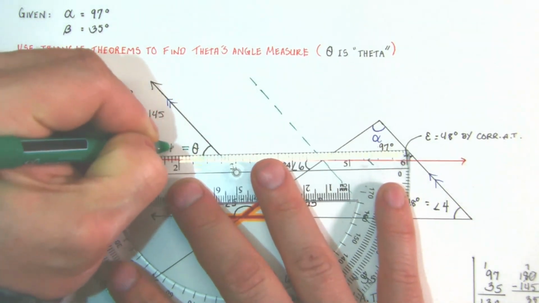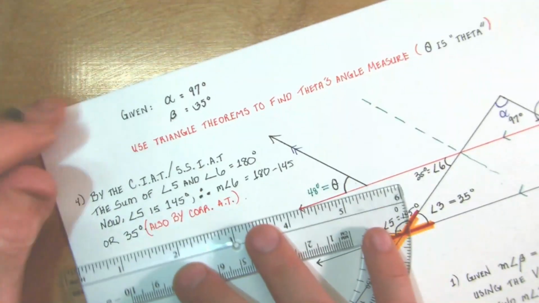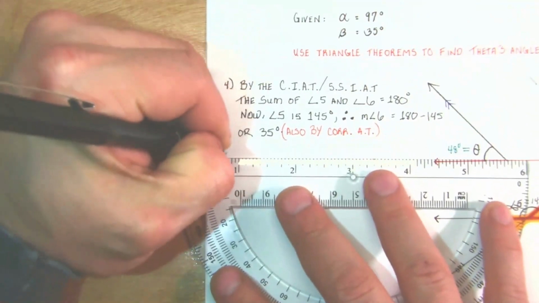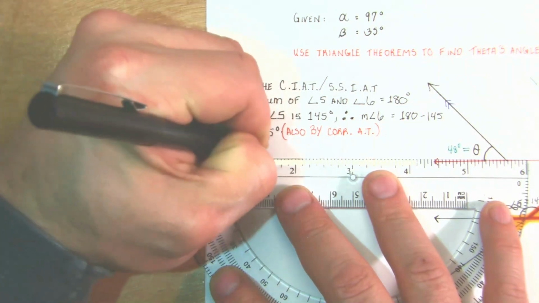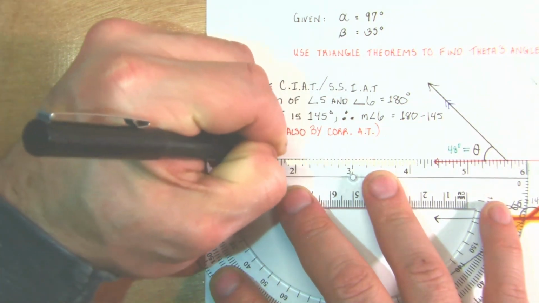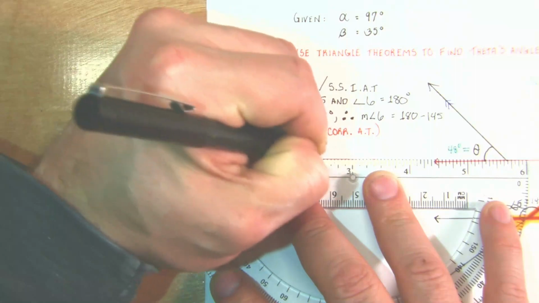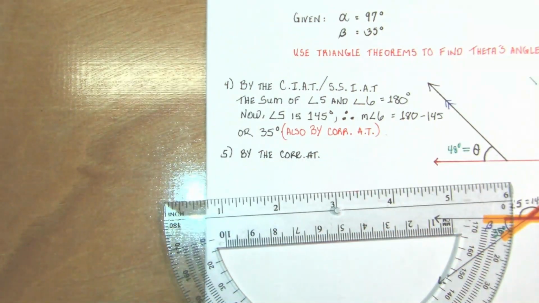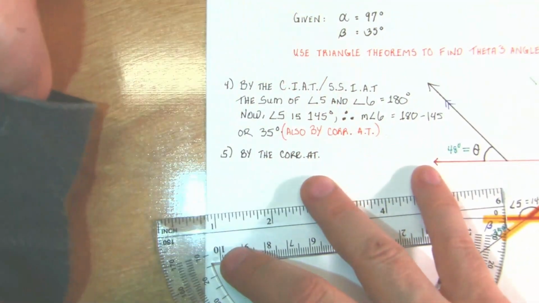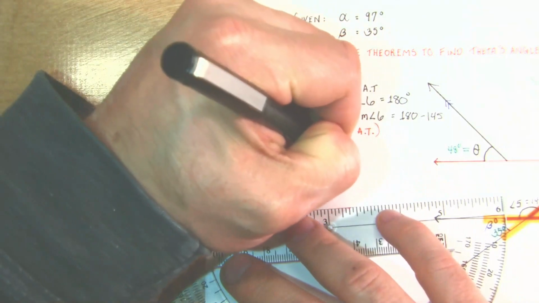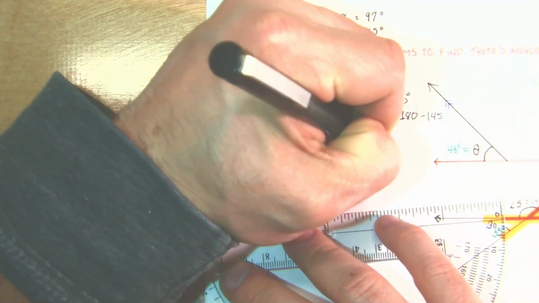So what we're going to say is equals 48 degrees. We're going to say here, to defend all of this, 5, by the corresponding angle theorem, the measure of angle epsilon equals 48 degrees.